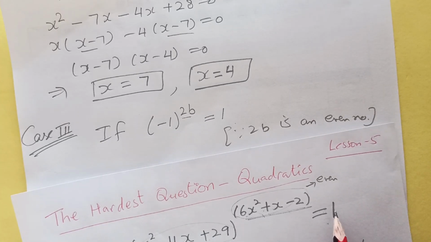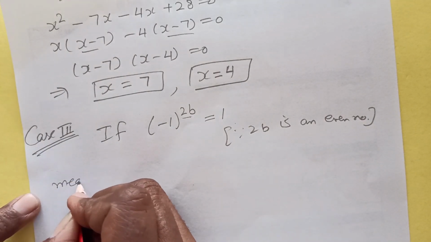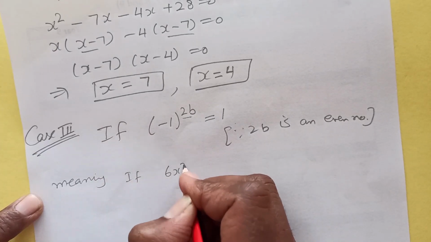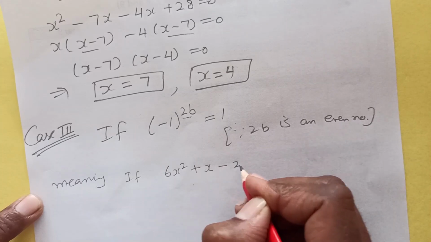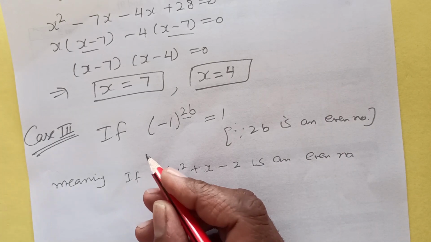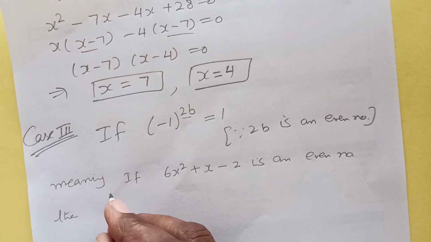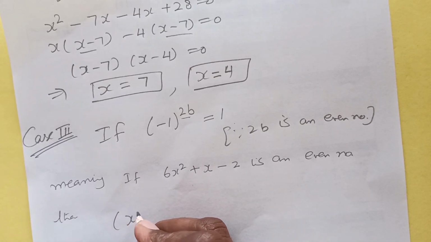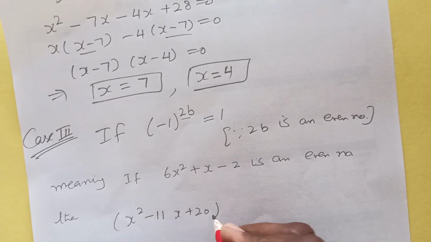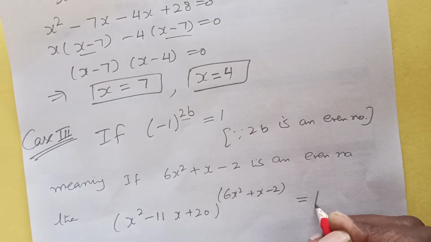So that means we can say, let me write it down to make it clear, if 6x squared plus x minus 2 is an even number, then x squared minus 11x plus 20 power 6x squared plus x minus 2 will be 1, right?